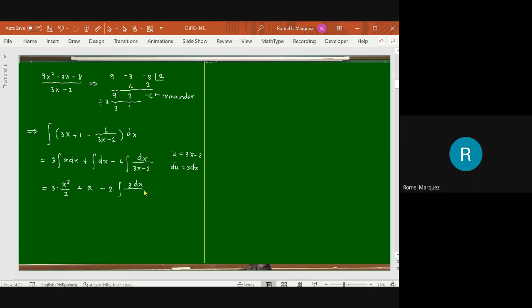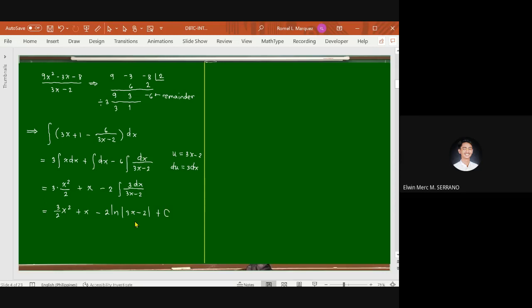Because I need 3, or you put 3 balanced by 1/3, 6 over 3 is 2. So the last integral is what? 2 ln of the absolute value of 3x minus 2. Am I correct, children?